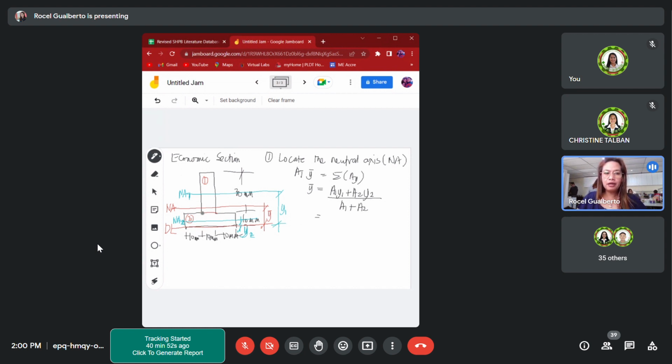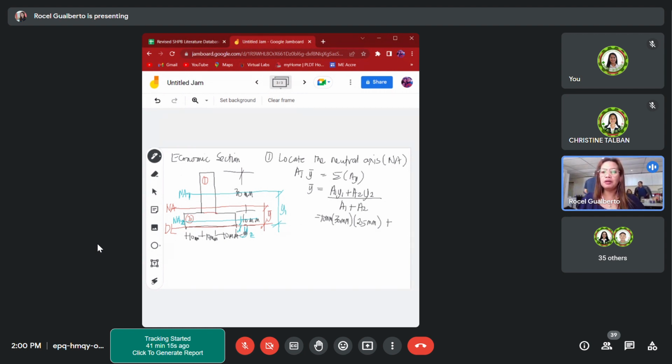Rectangular po, base times height. So ano po yung value ng base? 10 mm, at yung height niya is 30 mm. So this is 10 mm times 30 mm. And then, ano po yung y1? Kanina po nakita natin, that's 25 mm.